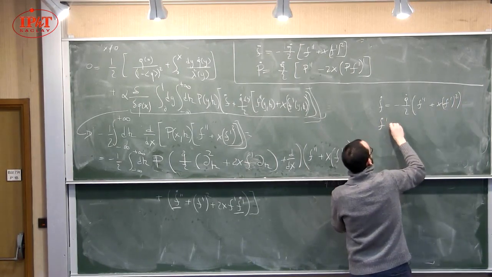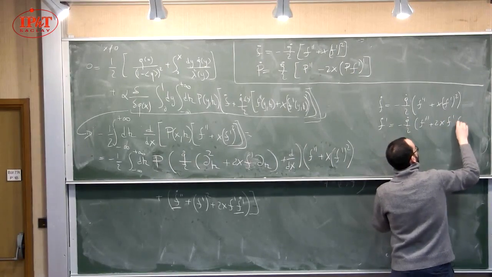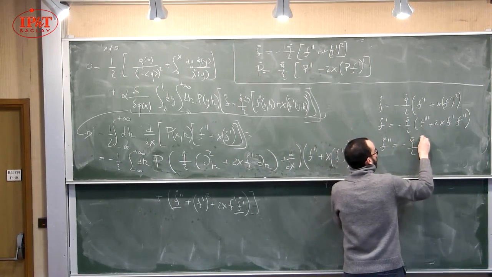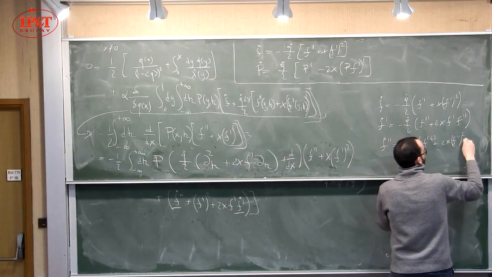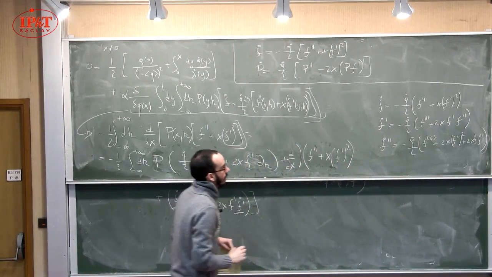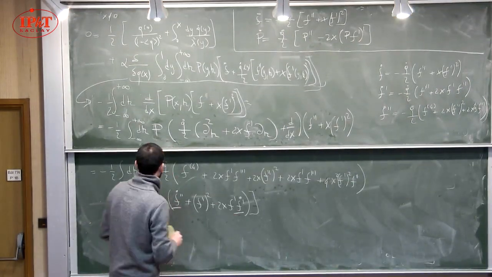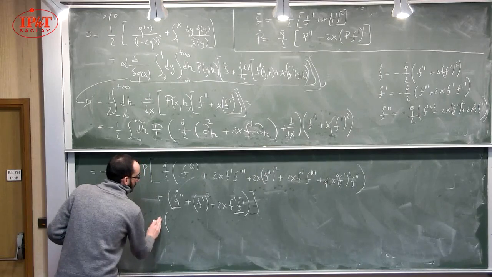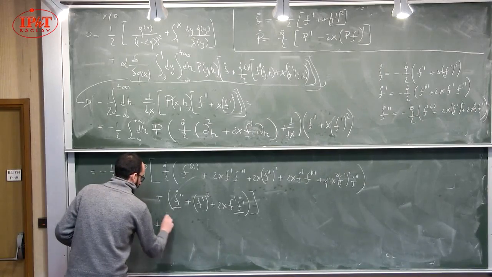So we have, okay? And now let me use these two, insert these two terms. So I will rewrite it here and then I will erase this term. So it's plus. So let me isolate this term. Okay. So we have plus f prime squared.